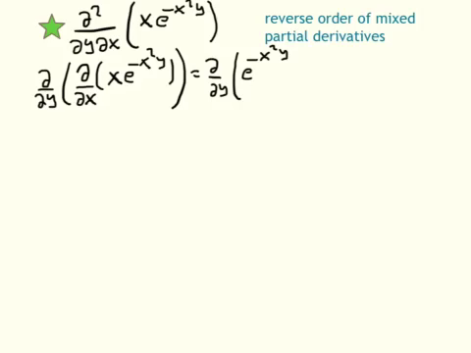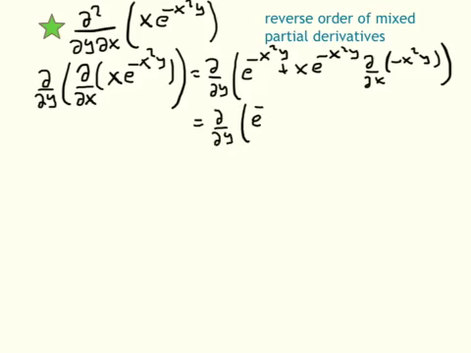And then for the second term we have plus x e to the minus x squared y, the exponential doesn't change, times the derivative with respect to x of the argument of the exponential, which was minus x squared y. So what we have here is d by dy of e to the minus x squared y. Now this second term here, when we differentiate it, we're going to get minus 2x times y.